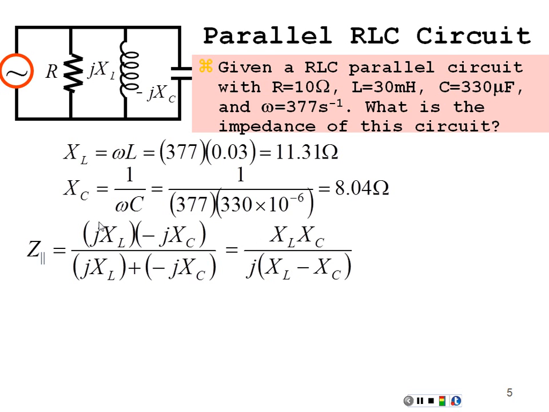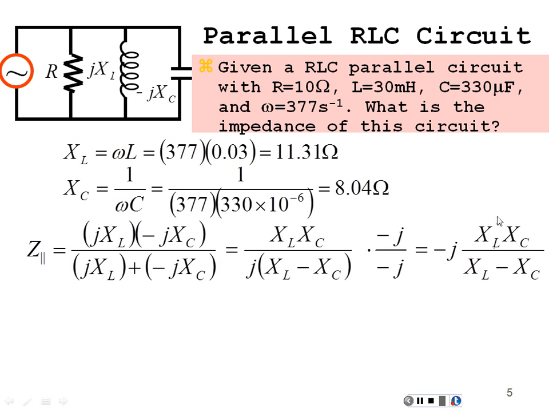Well, a J times a negative J is 1, and in the bottom we're going to have, if we factor out our J, X_L minus X_C. Well, we want to get rid of the J in the denominator. So we're going to multiply top and bottom by a negative J, which will give us 1 in the denominator and a negative J in the numerator. So this is a negative J, X_L X_C over X_L minus X_C.